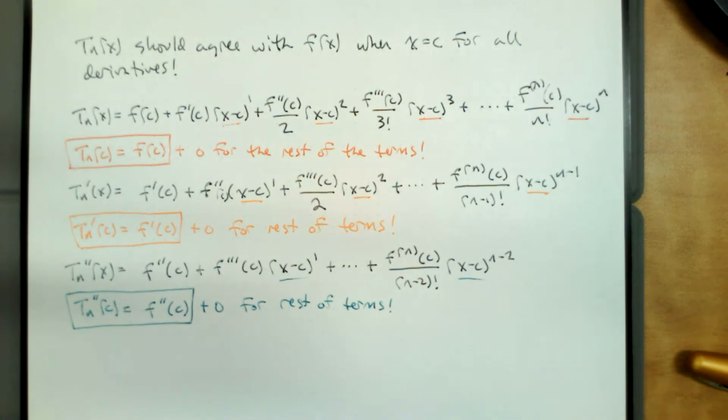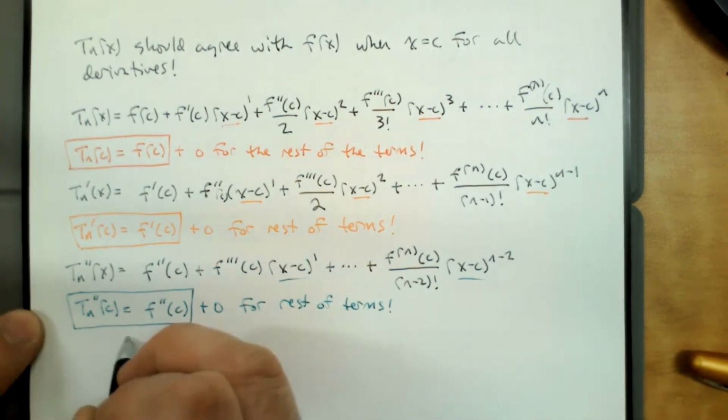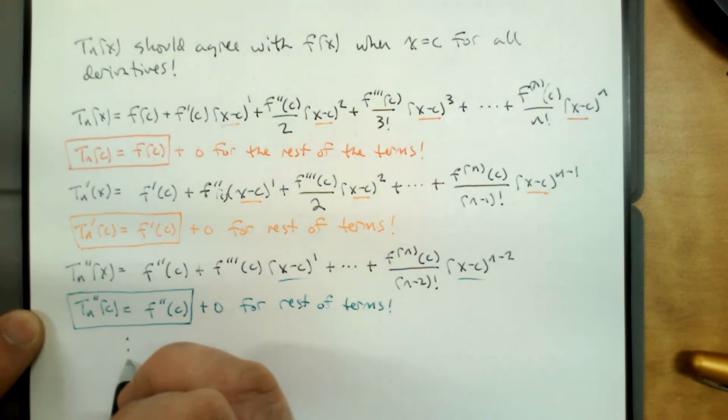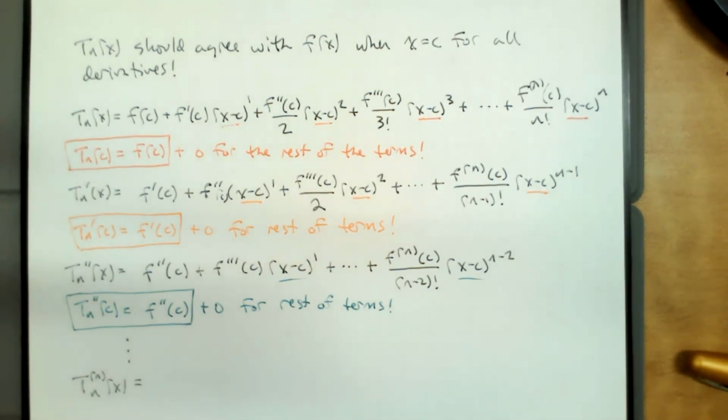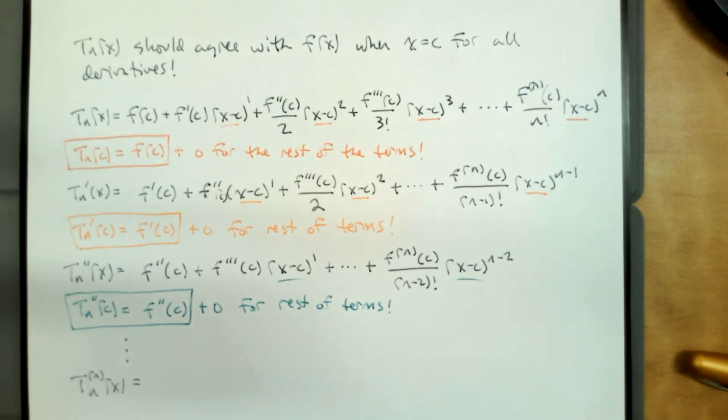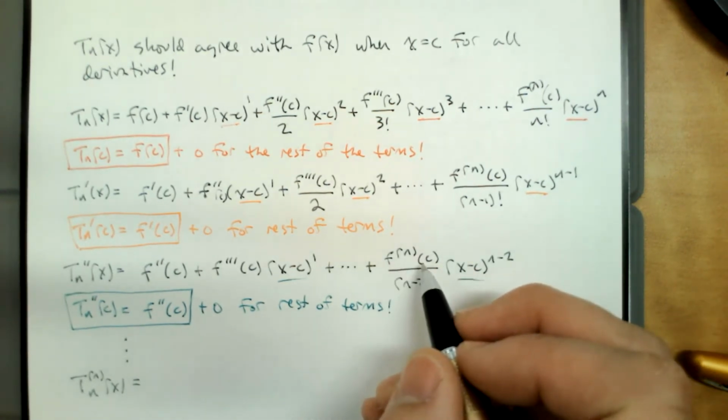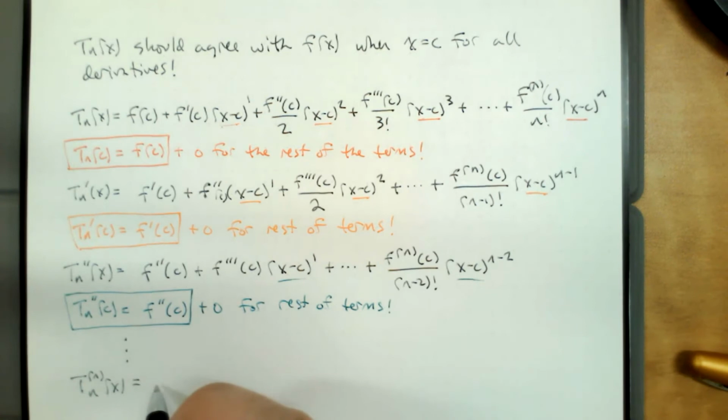And this keeps going all the way down to the nth derivative of the nth degree Taylor polynomial. And that's just going to leave behind the nth derivative of f at c.